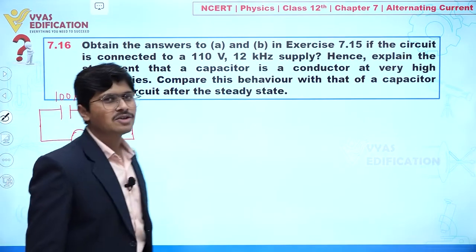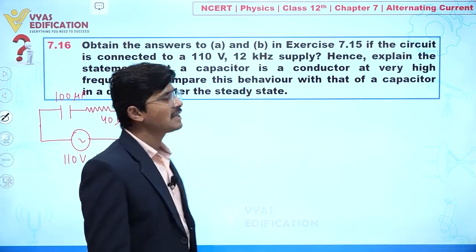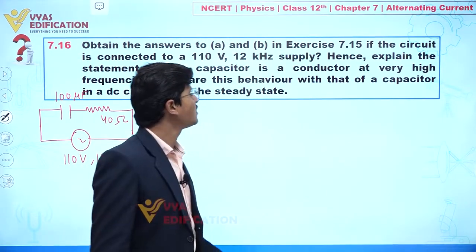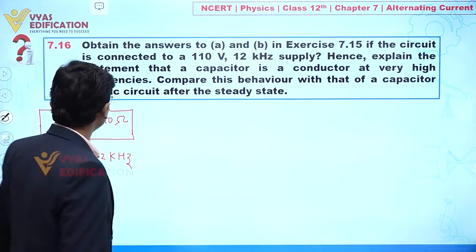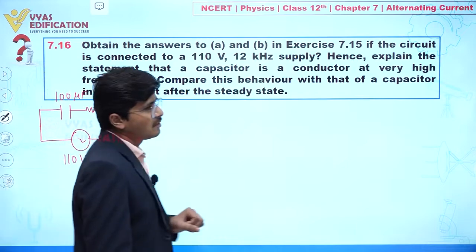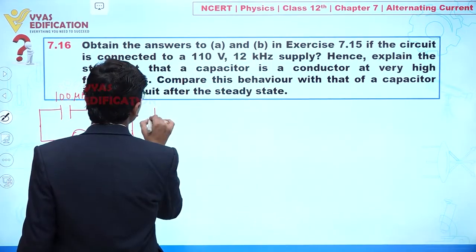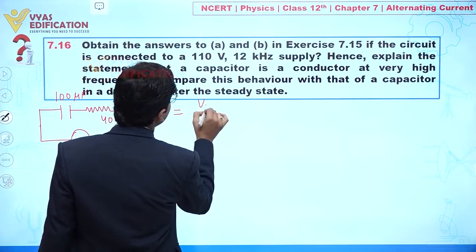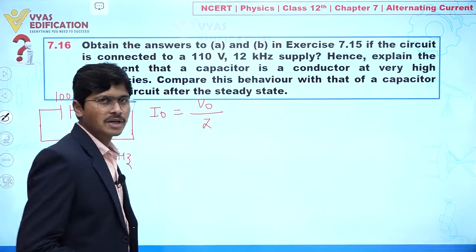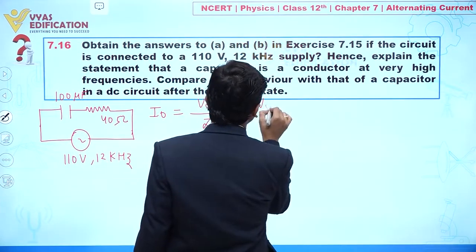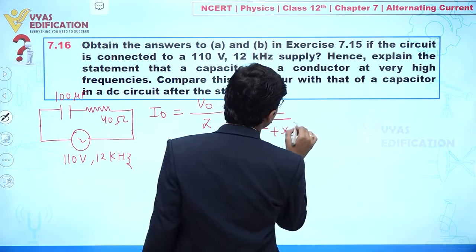Clear? It is also given here: explain the statement that a capacitor is a conductor at a very high frequency. Clear? So now we know that if we calculate the value of I naught, this is given by V naught divided by Z. The value of Z is given by the square root of R square plus XC whole square.